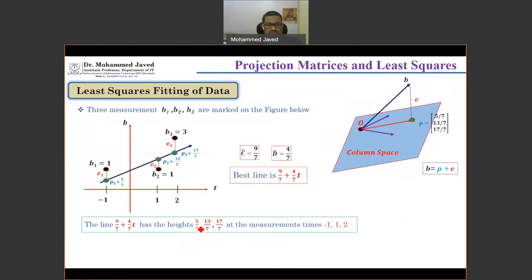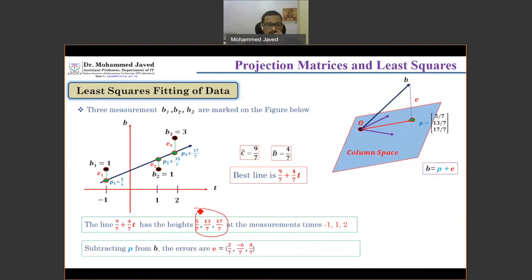So you simply substitute, and the projection values are 5 by 7, 13 by 7, 17 by 7. You substitute the T values, minus 1, 1 and 1, in this equation, and you get this height, that is the P value. So subtracting P from B, right?